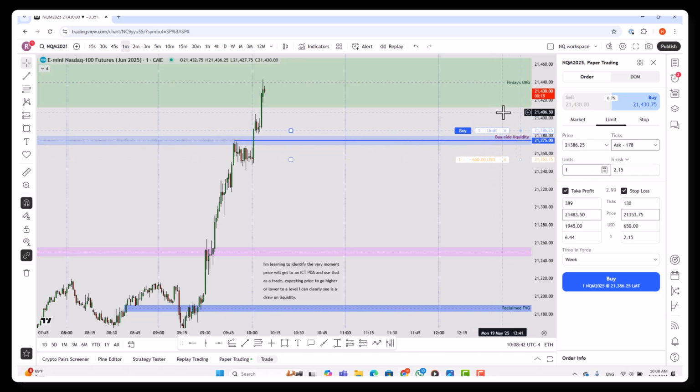Where's the TP? Right here, consequent encroachment. So about 1 to 2 risk reward ratio. Not bad, right?